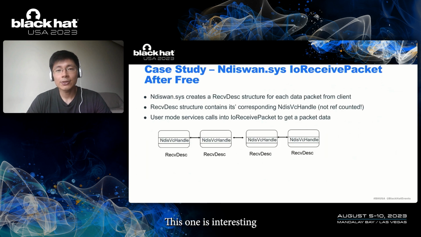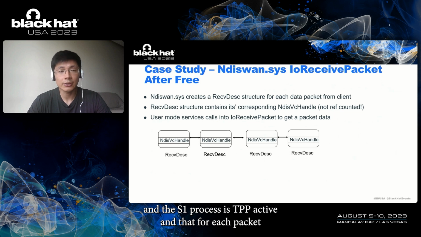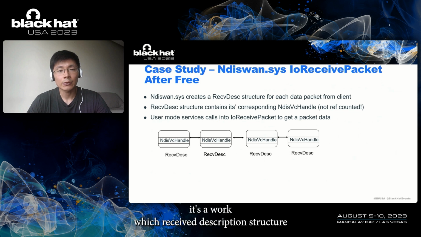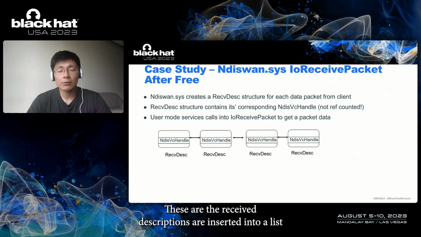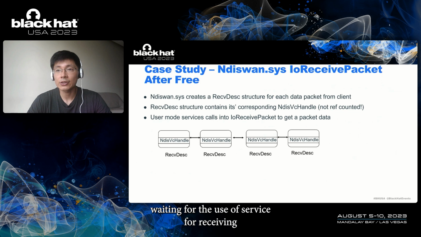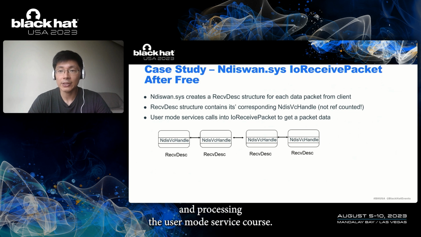This one is interesting because it does not happen in the SSTP driver itself. Instead, it exists in the NDISWAN driver. NDISWAN processes PPP packets, and for each packet, it will create a receive description structure which contains an NDIS handle for the current call. These receive descriptions are inserted into a list waiting for the user service to receive and process.